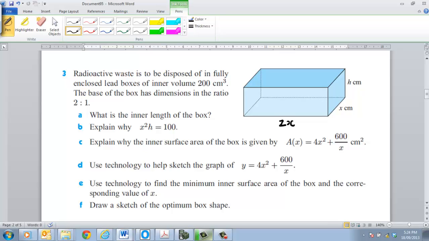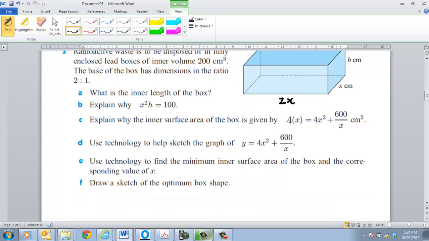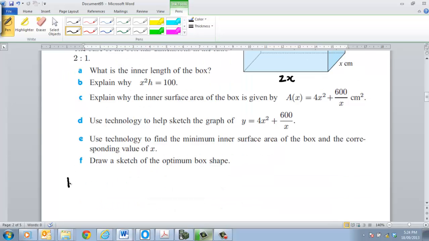Now it says explain why x squared h equals 100. In all of these cases, there's always something that you get given that you're going to use to find one term in terms of another. I've been given the volume, so it's obvious I need to use the volume formula.